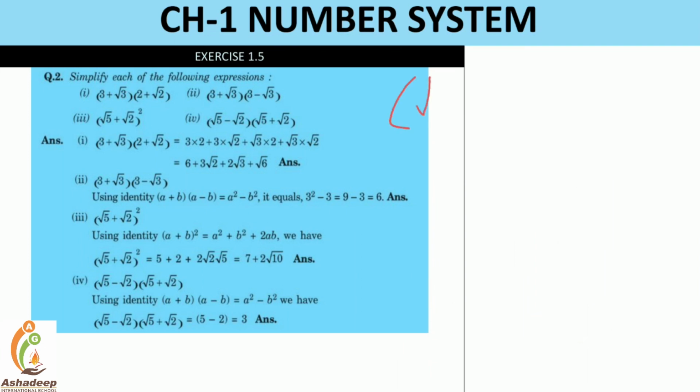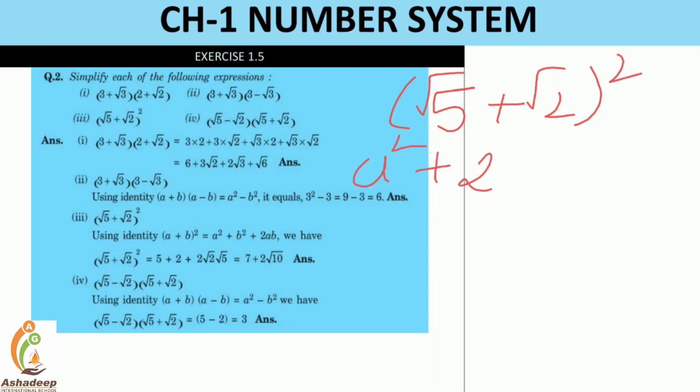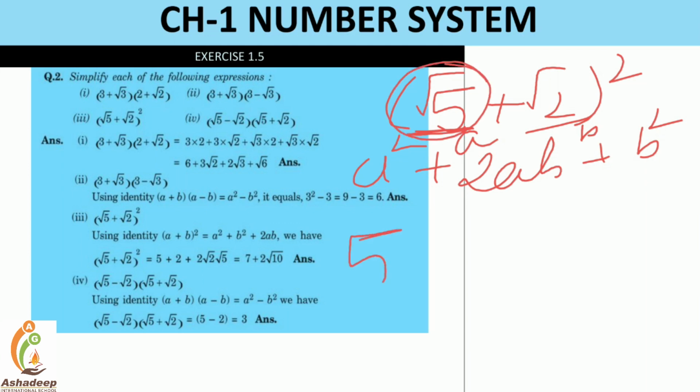Okay, now let's move ahead. Here I have to write down square root of 5 plus square root of 2 whole square, and we have the property a square plus 2ab plus b square, right? So we consider this as a and this as b. The square of root 5 is 5, plus 2 into square root of 5 twos are 10, plus the square of root 2 is 2.